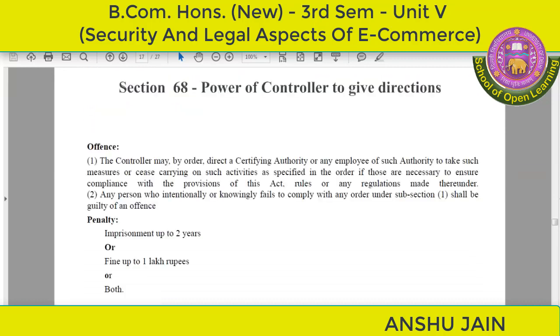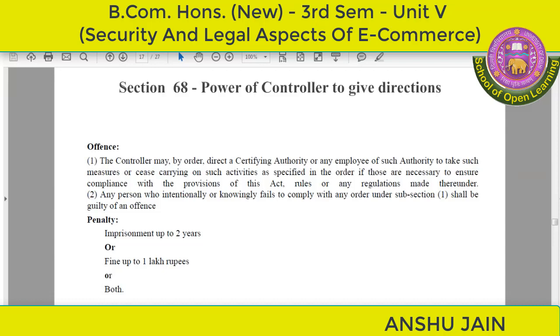Section 68 talks of the powers of the controller to give directions. The offence under this section is that the controller may, by order, direct a certifying authority or any employee of such authority to take such measures or cease carrying on such activities as specified in the order, if those are necessary to ensure compliance with the provisions of this Act, rules, or any regulations made thereunder.